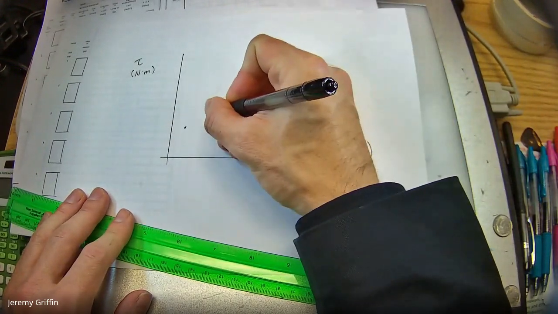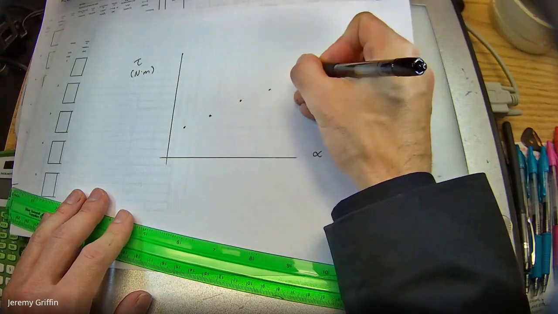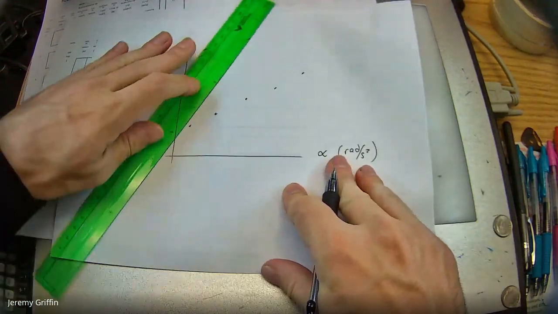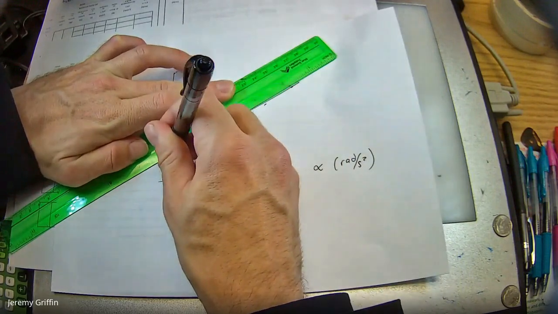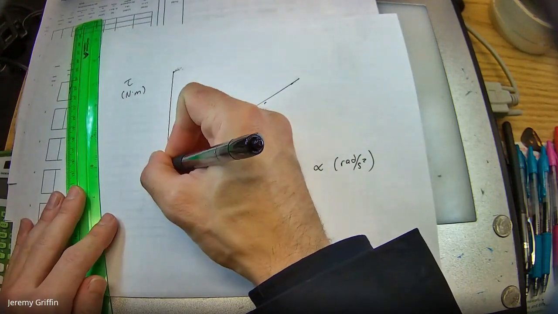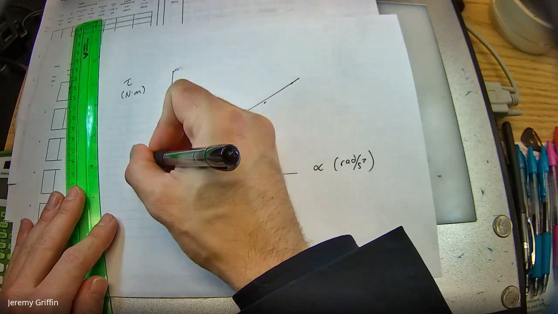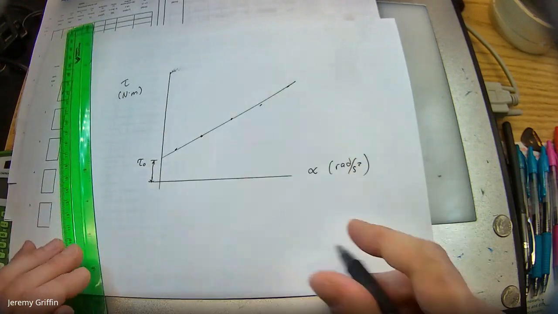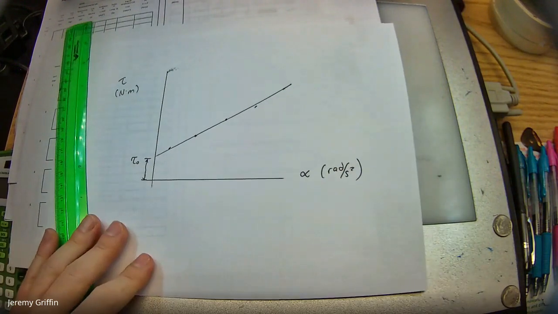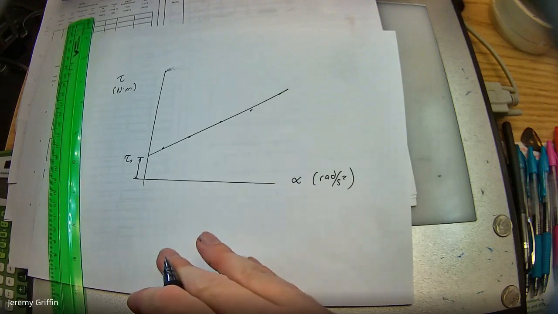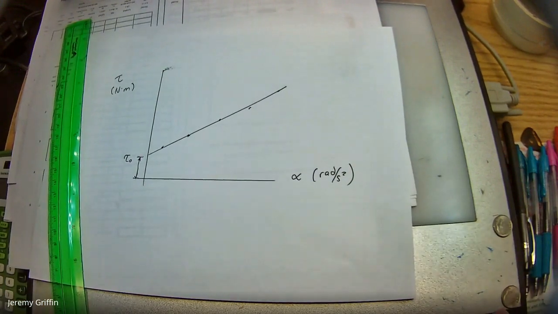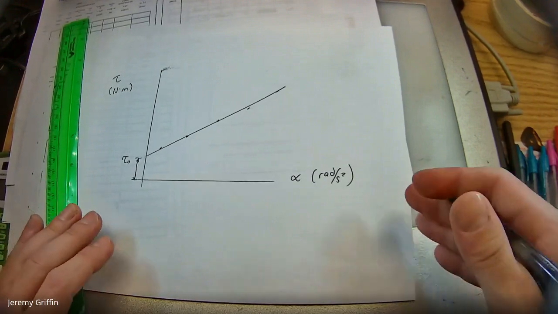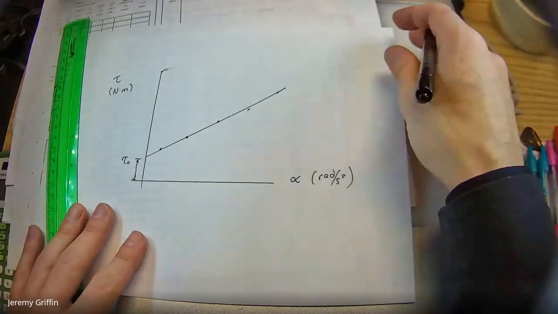It's probably going to look something like this. I bet your points are all going to line up in a straight line. And I might be wrong about this, but I think you're probably also going to get a y-intercept here. I might call this tau naught or something like that. I'm sort of giving away the end of this lab, but there's a reason to do this. I want you to see the broad picture of the textbook walkthrough, how this should work out, and then see, does it actually, empirically?